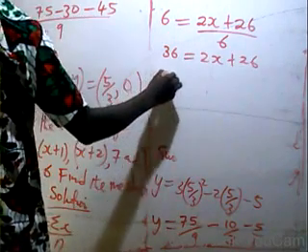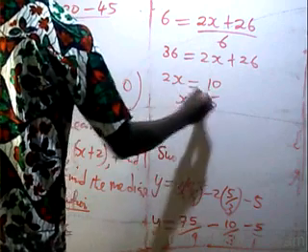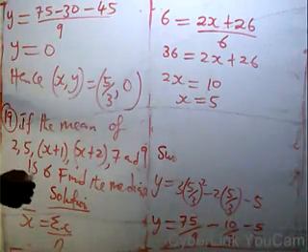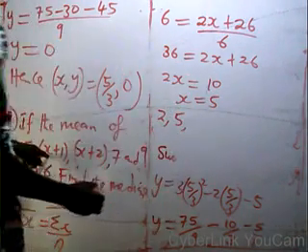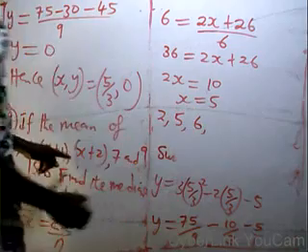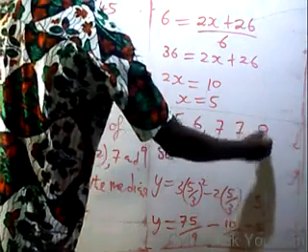You try that, you have 2x equal to 10, and x is equal to 5. If x is equal to 5, you get the mean. That means our consecutive terms are 2, 5, 5 plus 1 is 6, 5 plus 2 is 7, another 7, then 9.